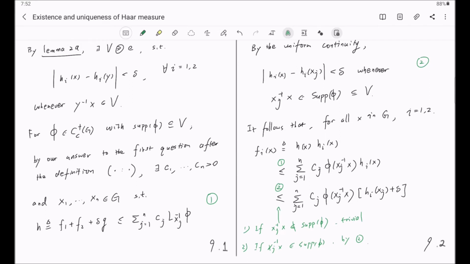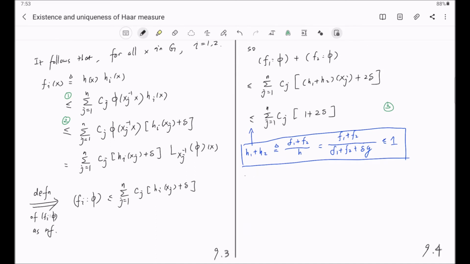I guess some of you may have already seen that the summation of c sub j's will always be greater or equal to h column phi, the Haar covering number of h by phi, by our definition of Haar covering numbers with respect to functions. And furthermore, the number is the infimum of all possible such sums of c_j's.